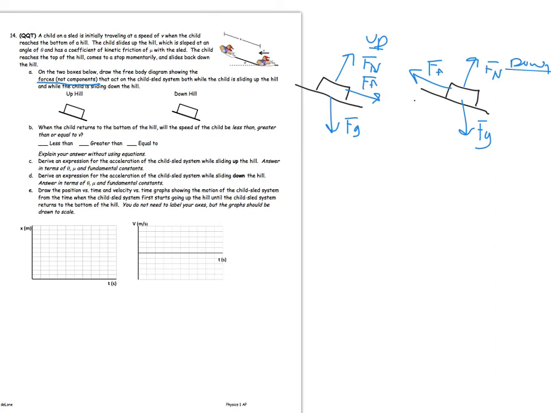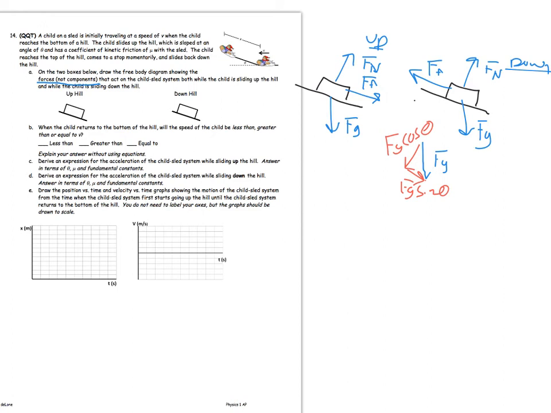For part B, when the child returns to the bottom of the hill, will they be traveling with a speed greater than, less than, or equal to v? So I'm going to look at my forces here, and I am going to think kind of off to the side about those components of gravity. So we're going to have the Fg sine of theta and Fg cosine of theta, and that's going to be true for both objects when we break that force of gravity into x and y components.